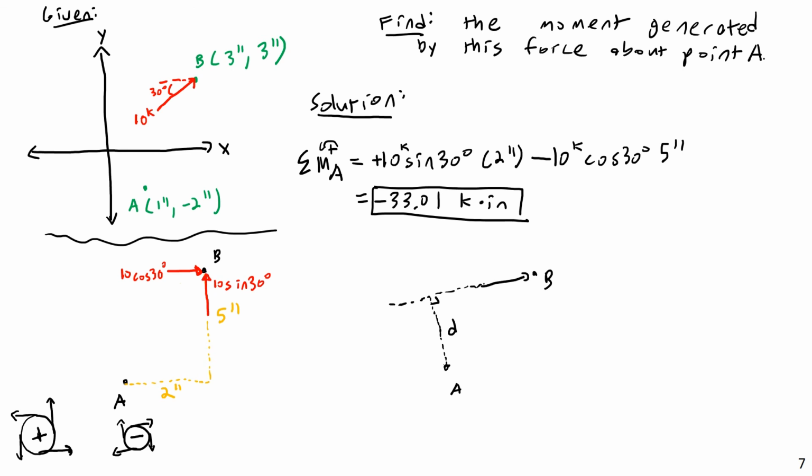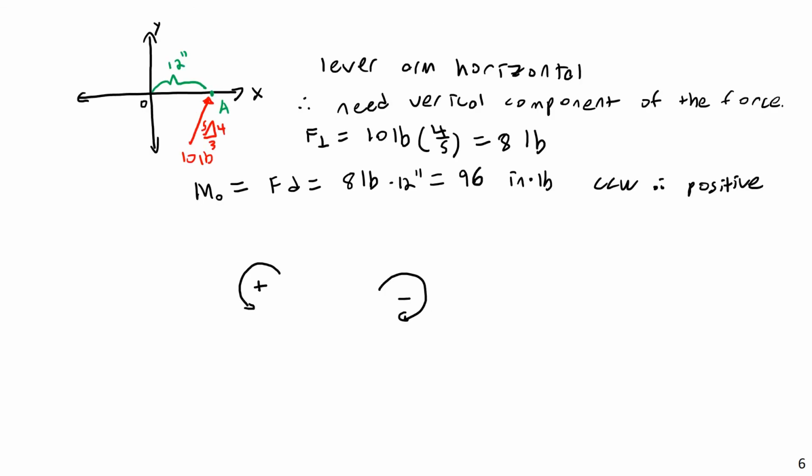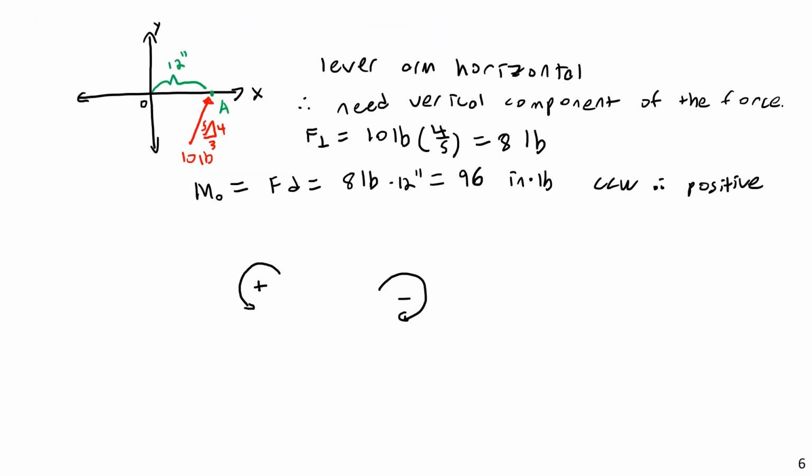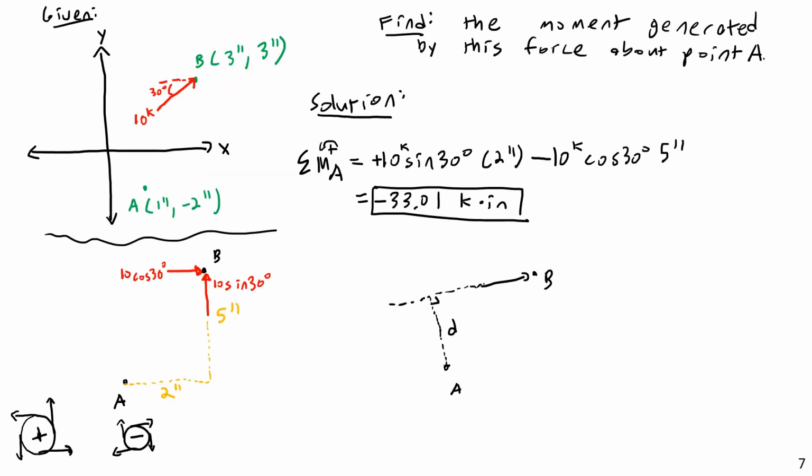All right, that'll serve as the brief introduction to scalar moments. And I think that'll do it for part 2 of the lecture here. Again, all I wanted to do is introduce the method of finding moments using scalar products. And in part 3, we will introduce the cross product and how to apply that to finding moments about a point when you're using vectors.